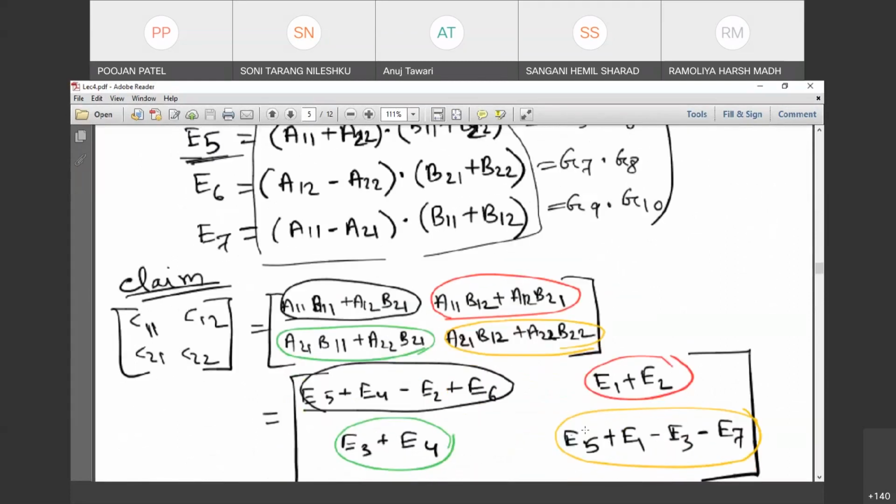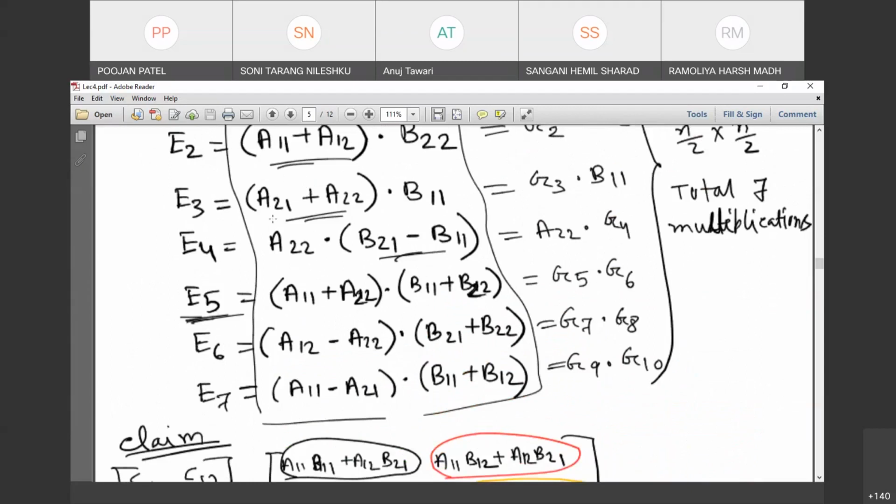Okay, so let's just leave this part out. Let's look at E3 plus E4. What do you get? A21 B11 plus A22 B11. Okay, A22 B11 gets cancelled out here.